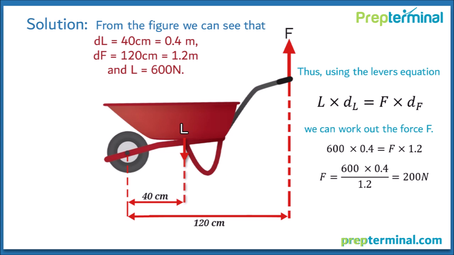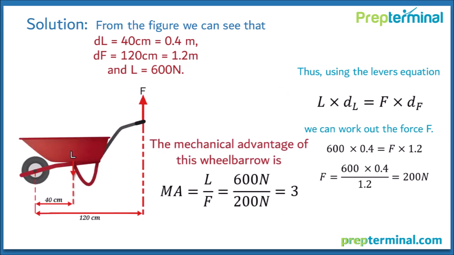F equals 600 times 0.4 divided by 1.2, which equals 200 newtons. The mechanical advantage of this wheelbarrow is MA equals L divided by F, which equals 600 newtons divided by 200 newtons, which equals 3.